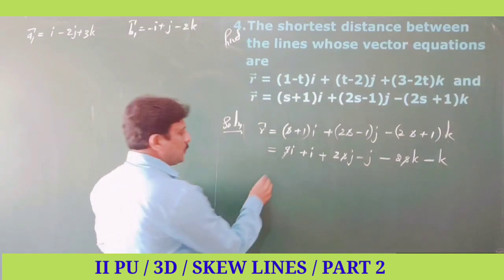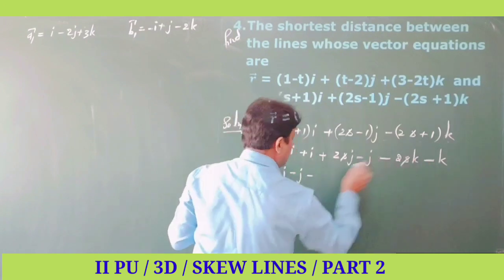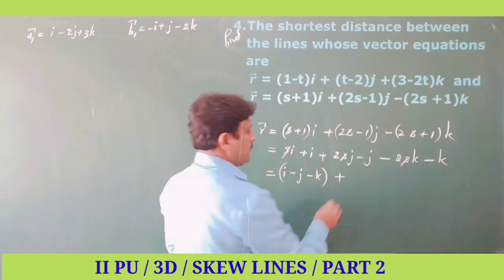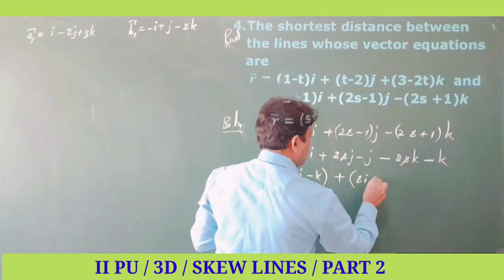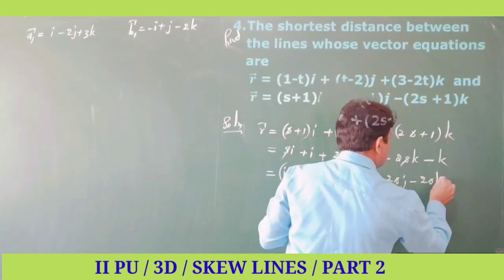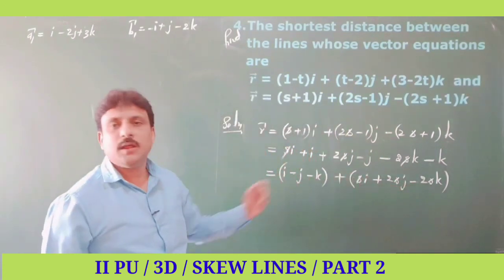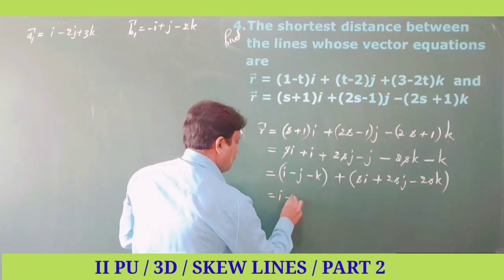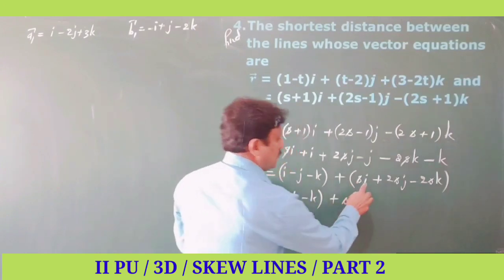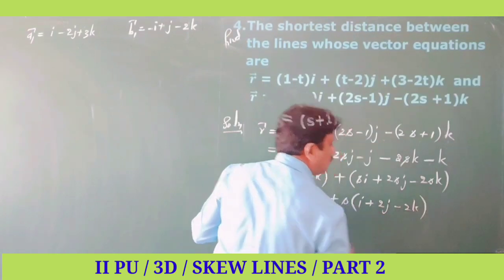Now first i, in the same way, minus j minus k, plus si, plus 2sj minus 2sk. Keep the s terms together and the terms without s together. So i minus j minus k plus s into i plus 2j minus 2k.